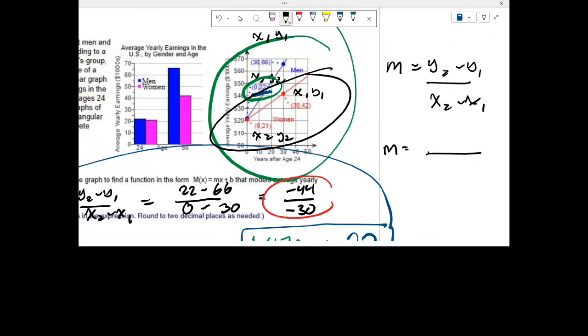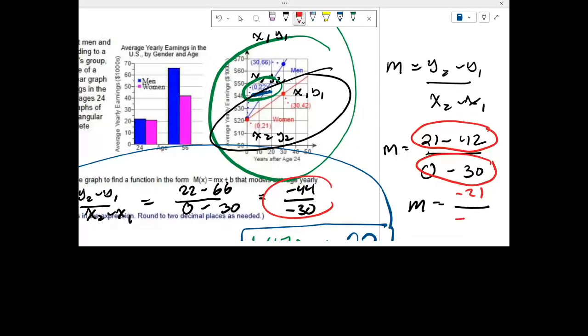Let's see. My number Y2 looks like it's the number 21 minus my number Y1, which looks like it's the number 42. And then X2 is 0 and X1 is 30. Okay. And 21 minus 42 right up here, that should be a negative 21. And 0 minus 30 should be a negative 30.